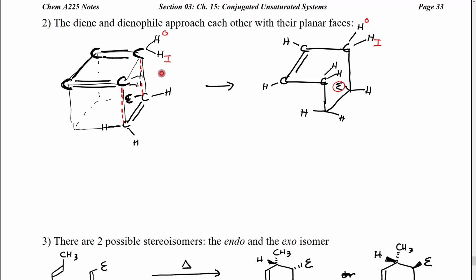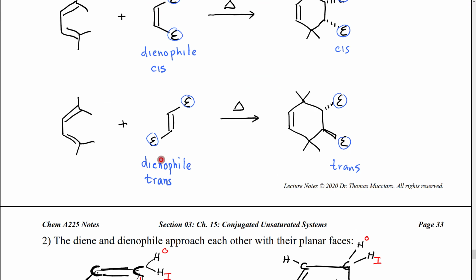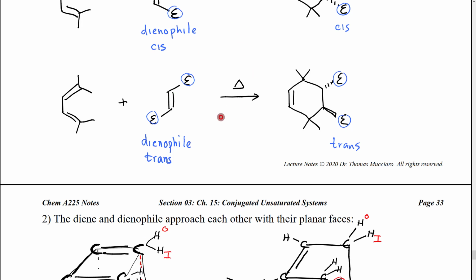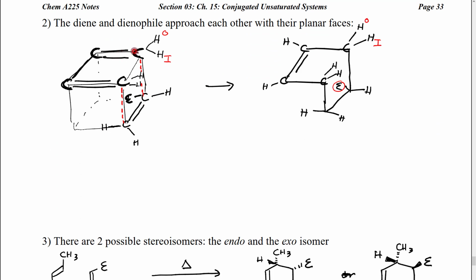Okay, so it turns out although we draw the Diels-Alder reaction as if the diene was flat in the plane, the dienophile is flat in the same plane, and they come up sliding across the plane side to side together, that's not actually how they react. Instead, what actually happens is they stack on top of each other.